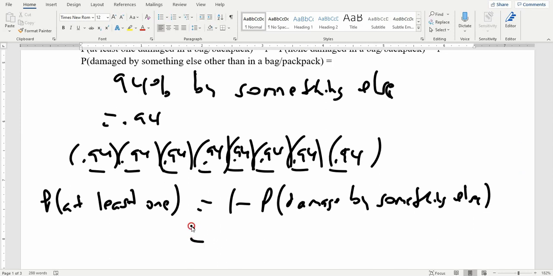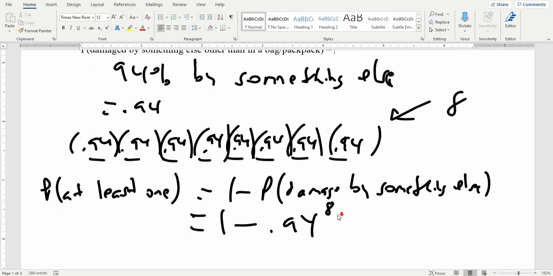There are 8 of them, 8 damaged iPads total. So it's going to be 1 minus, and I really don't want to write all that out again, so there's a shortcut, which is using exponents: 0.94 raised to the 8th power. That's how you really want to look at it.